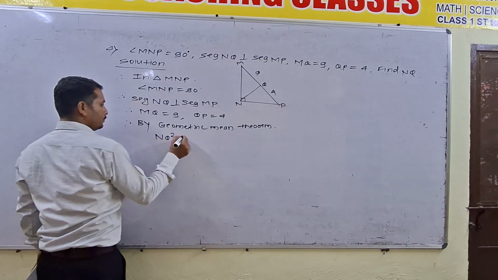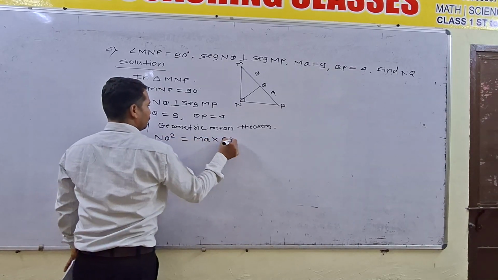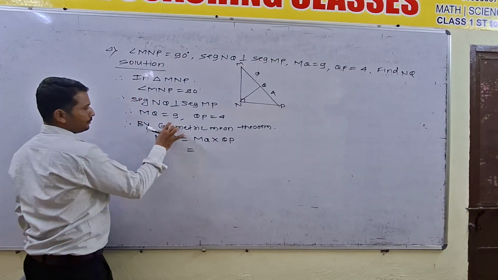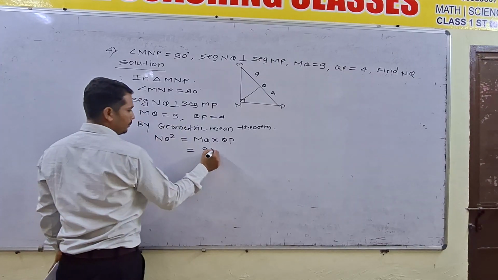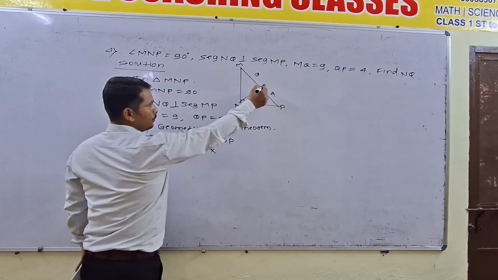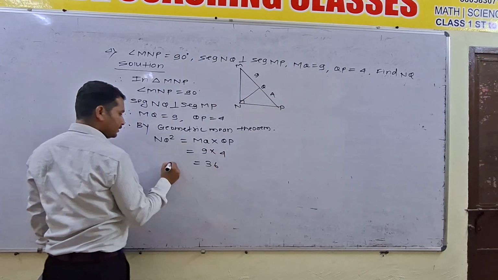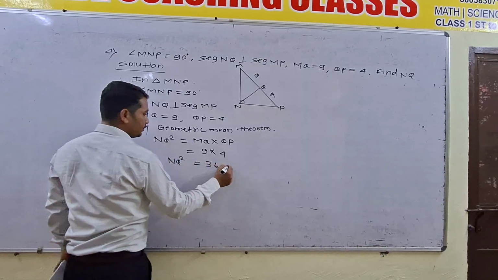So what is MQ? MQ is 9, multiplied by QP. QP is 4, putting there 4. So 9 fours are 36. Therefore the square is equal to 36.